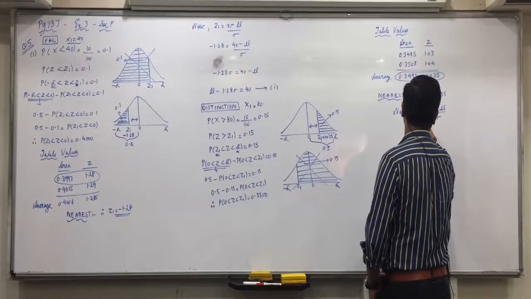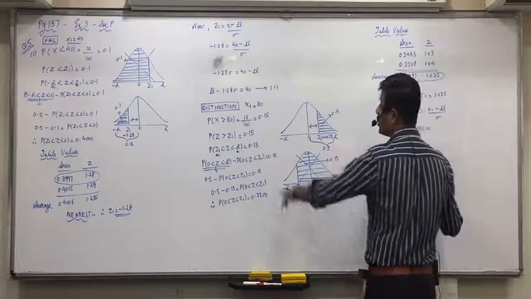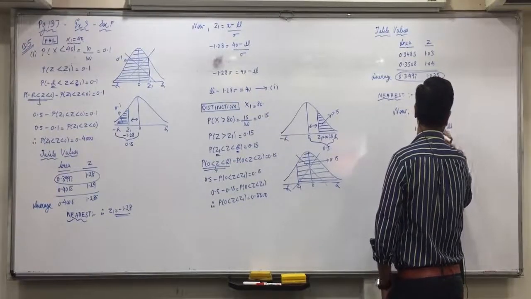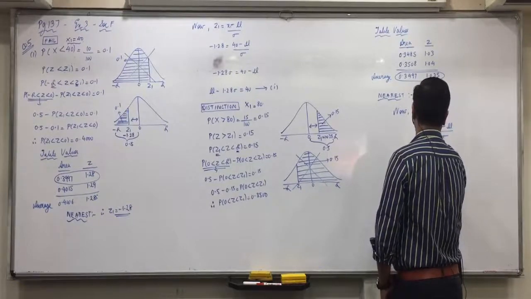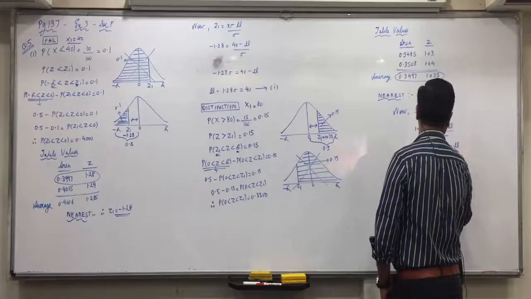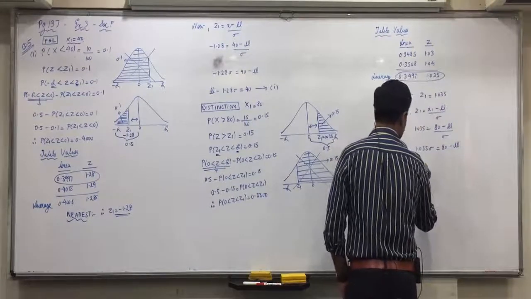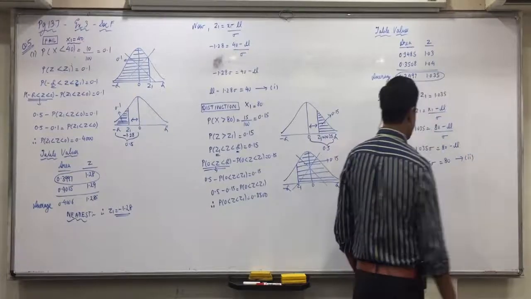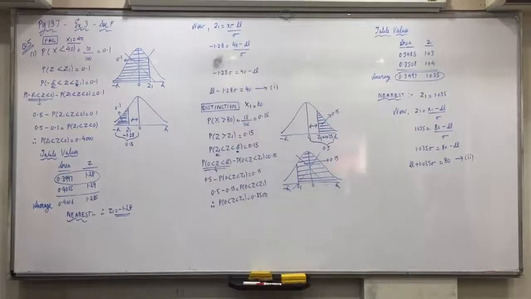So 1.035 is equal to X1, we know is how much? 80 minus mu upon sigma. So 1.035 sigma equals 80 minus mu. Minus mu on the left side will become plus. So mu plus 1.035 sigma equals 80. Mark it as 2.